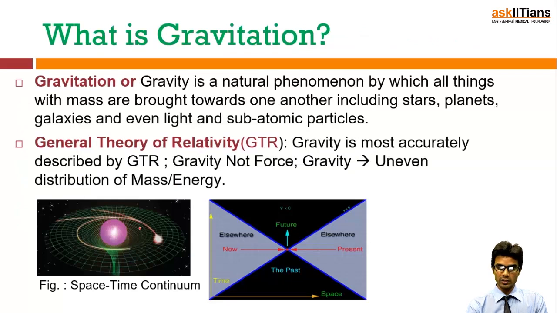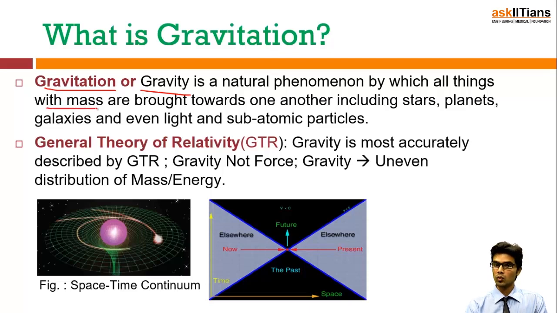what is gravitation? Gravitation or gravity is a natural phenomenon by which all things with mass are brought towards one another, including stars, planets, galaxies and even light and subatomic particles. So gravity is a natural phenomenon which occurs only with things having mass.